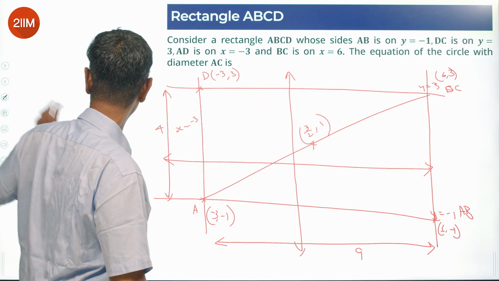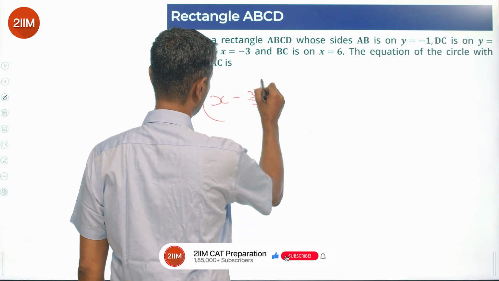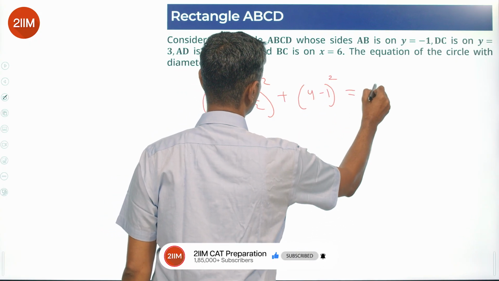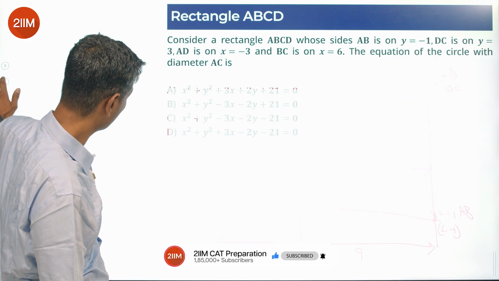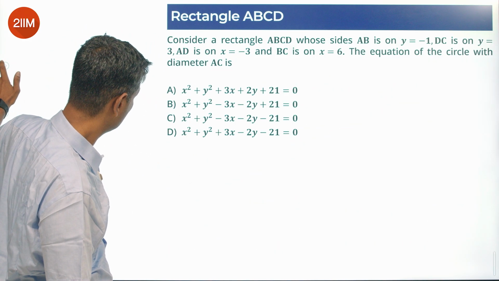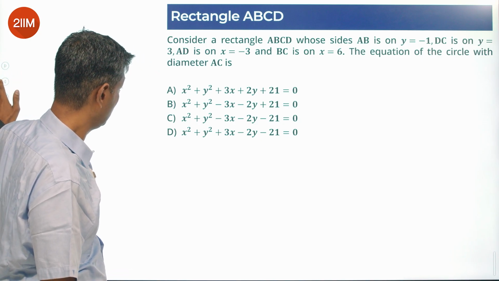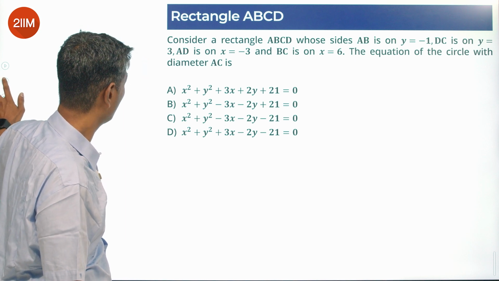So we're looking for (x − 3/2)² plus (y − 1)² equals 97. Let's see if any answer choice comes close to this. Not a chance, with the 3/2 and all that.